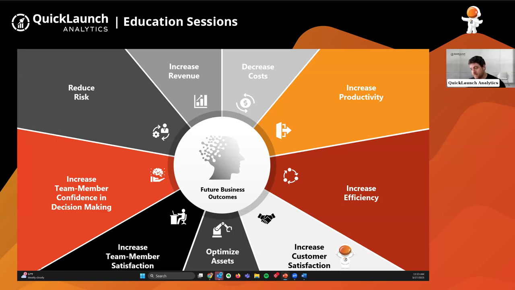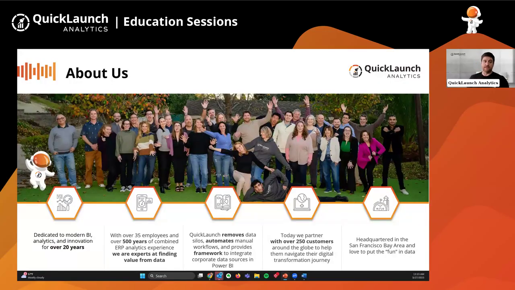And so each segment of this wheel really represents these concrete business outcomes that directly impact your bottom line. So it's not just about better reporting; it's about creating measurable business value. And that's really what we've been focused on at Preferred Strategies in the past, and now QuickLaunch Analytics.